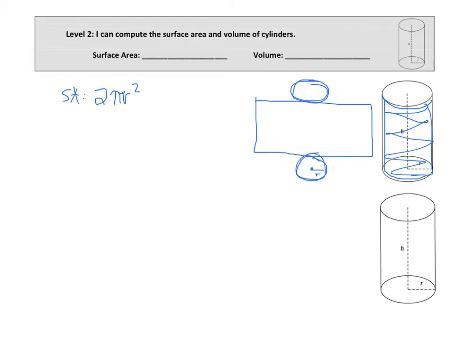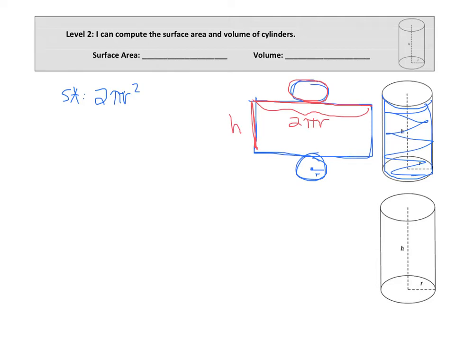And then the rectangle that goes around the side, one dimension of the rectangle would be the height. The other dimension of the rectangle, which wraps around the circle, would actually be the circumference of the circle. So this dimension would be 2 pi r, or the circumference of that circle.